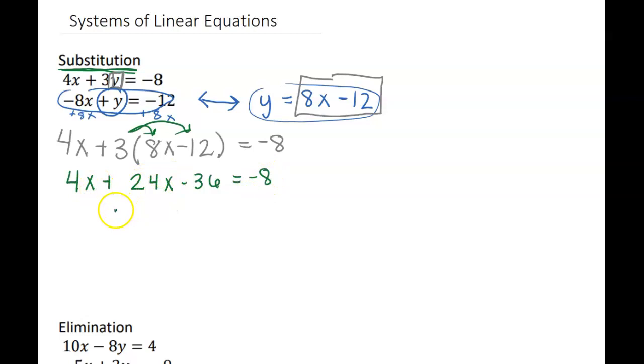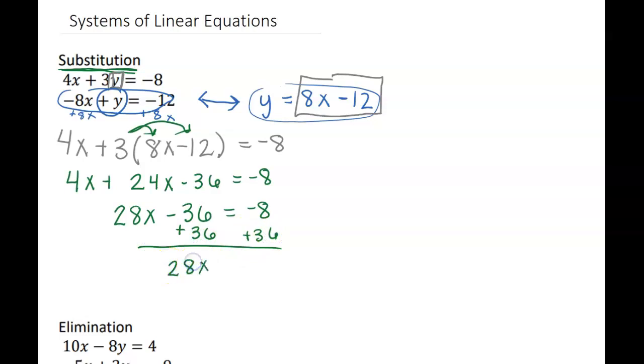Well, 4 and 24 is 28x minus 36 equals negative 8. Add 36, I get 28x equals 28. So when I divide by 28, I get x is 1.